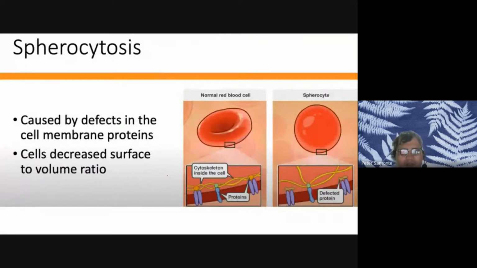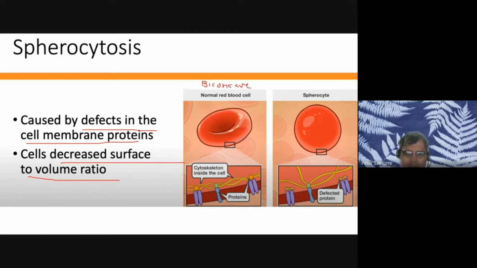Now, to explain this further, here are your spherocytes, class. They would have a defect in the cell membrane proteins. Thus, they would lead to a decreased surface to volume ratio. Now, if you notice, class, your NRBC, your normal RBC, would have a biconcave shape.